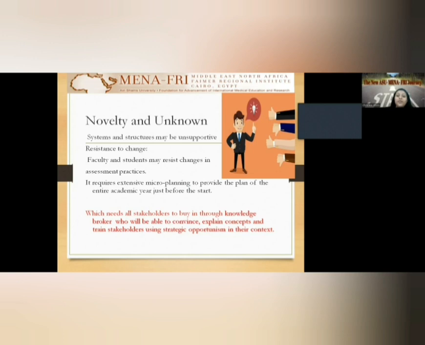This knowledge broker should use what is called strategic opportunism, which means that he makes sure that he has the support of the leaders, the authorized personnel. He is able to act through his contacts and is able to convince all the stakeholders.